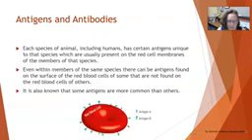So each species of animal, including humans, has certain antigens that are unique to that species, and they're usually present on the red cell membranes of the members of that species. So on the surface of red cells of humans are antigens that say, hey, I'm a human red cell.